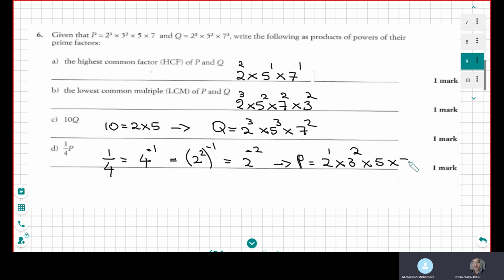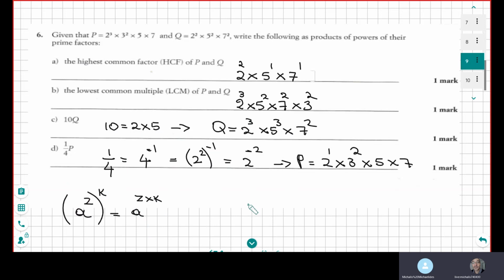5, times 7. Now the rule I use is a to the power of z, to the power of k. Then I can times the powers here. This is another rule of indices that is very useful. If I have a power raised to another power, I times the indices.